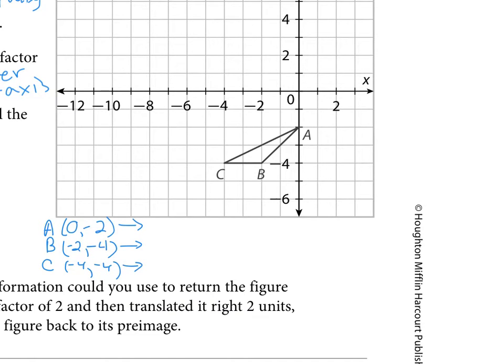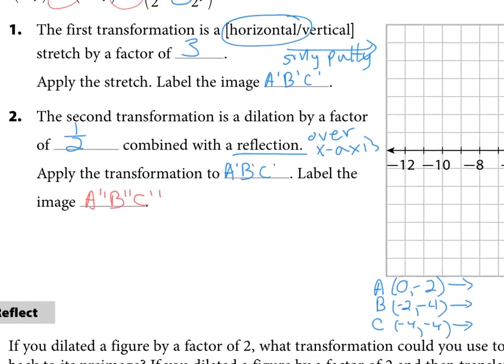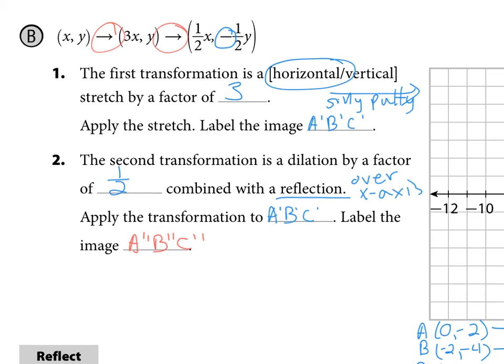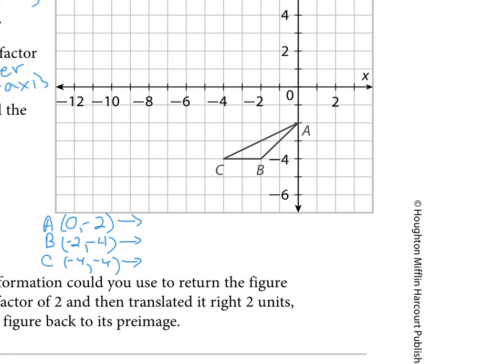You'll write much neater than I can with my stylus, but let's figure out what those are going to get transformed to. So again, thinking about what our transformation is over here, our first transformation is to multiply the x coordinate by 3, and notice we're leaving y alone, we're not doing anything to y. So we're going to move back over to our graph, and we are going to multiply all these x coordinates by 3.